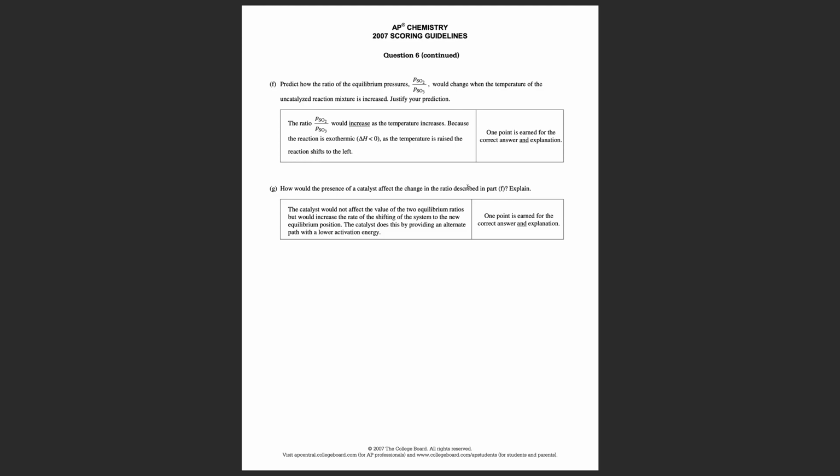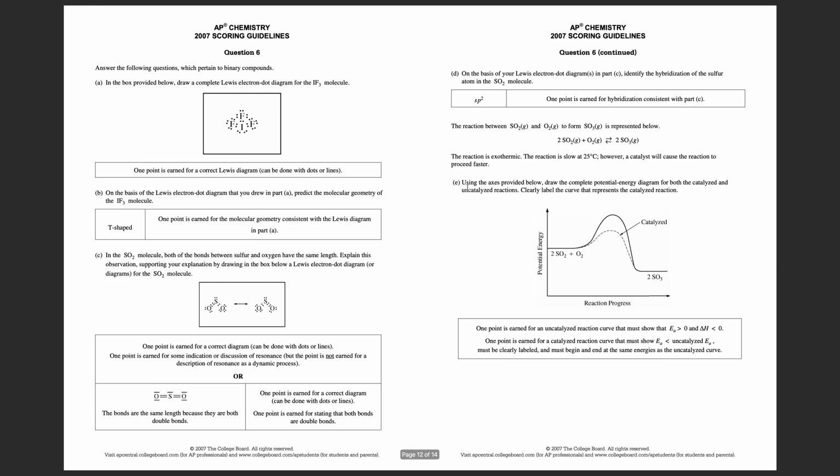Okay, so a catalyst, again, can lower activation energy, but it's going to lower it for the forward and the reverse reaction. Okay, so for the catalyzed version, you would increase the rate of both the forward and the reverse reaction.